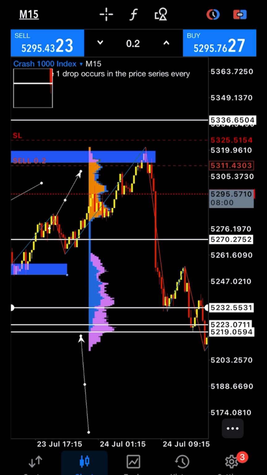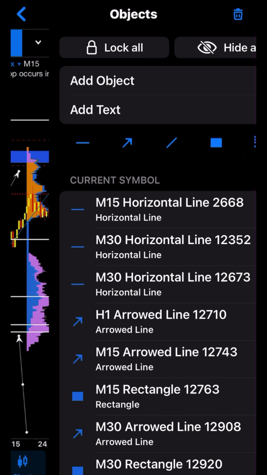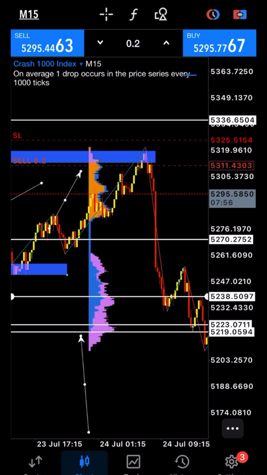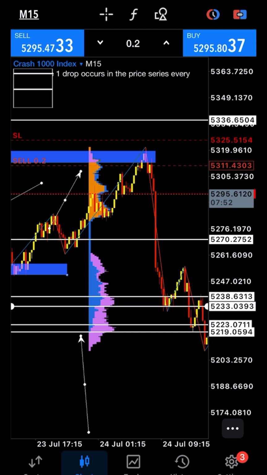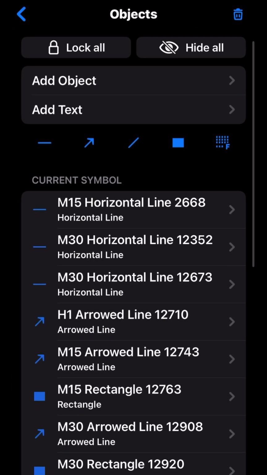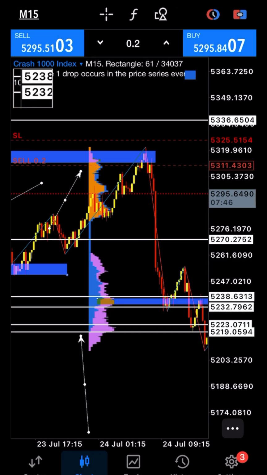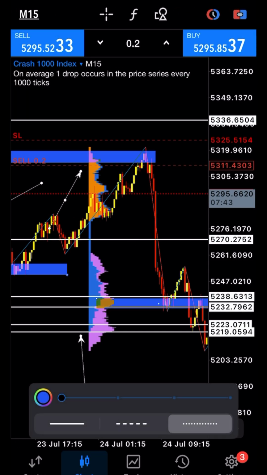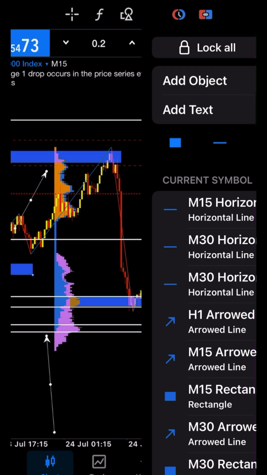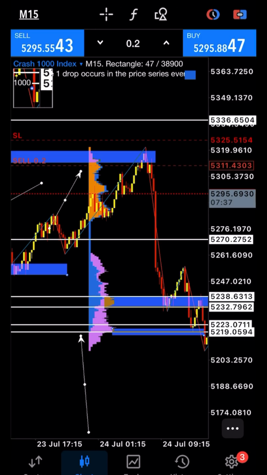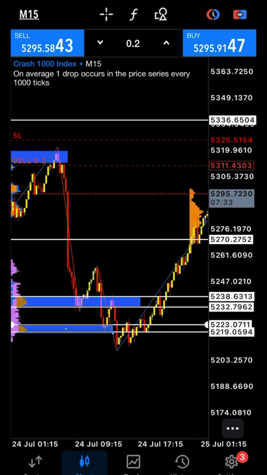Even within this zone also, there can be a nice reaction in the future. We're actually going to check it out to see if that's true or not. So just within here, now let's see.